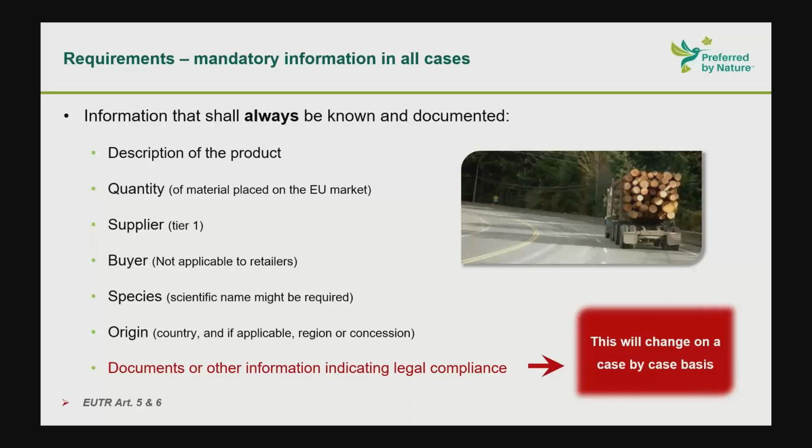So those are elements that are usually not too difficult to gather, right? Because they are part of usual business practices. So that's not where the big challenge is, let's say.